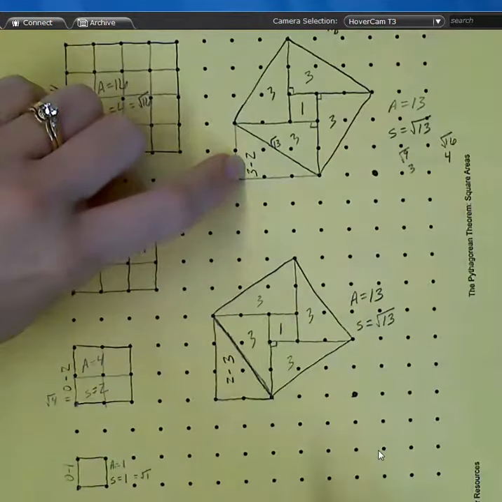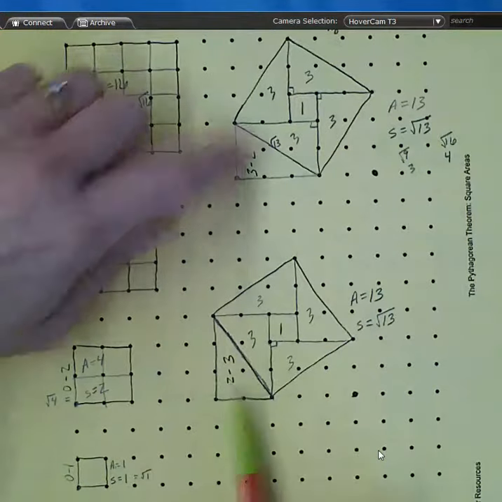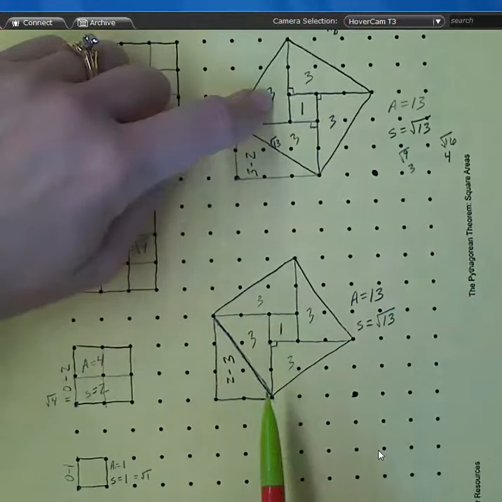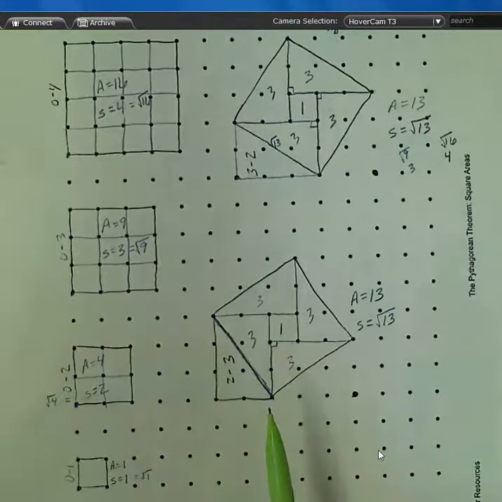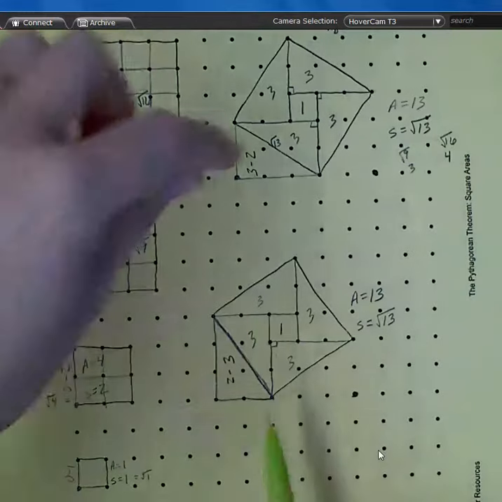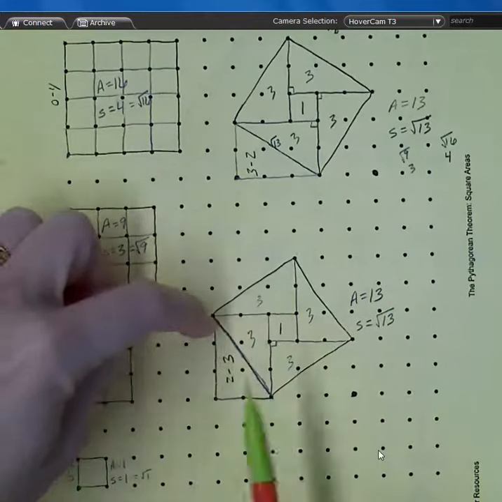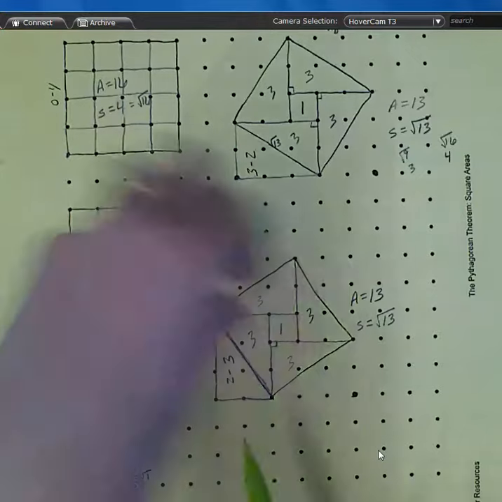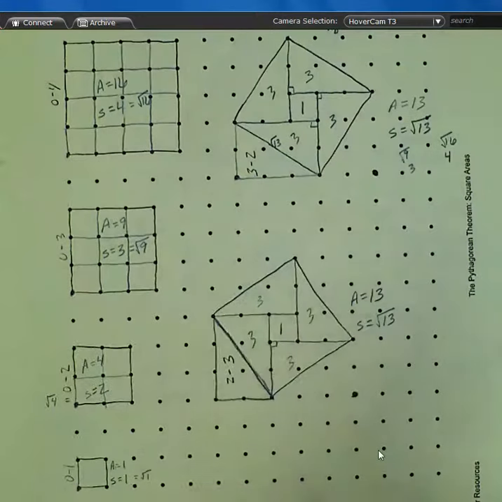So this one was a 3 by 2 and this was a 2 by 3, but the area was the same. It's the exact same as the first one. You're right. So it doesn't matter which way the square is turned. If the area is the same, the side length is going to be the same. The reason we care about all of this is because we're going to have to find side lengths of things that aren't easy. So for instance, at my mom and dad's house this past summer, they put up a bunch of telephone poles, some new ones, energy poles.